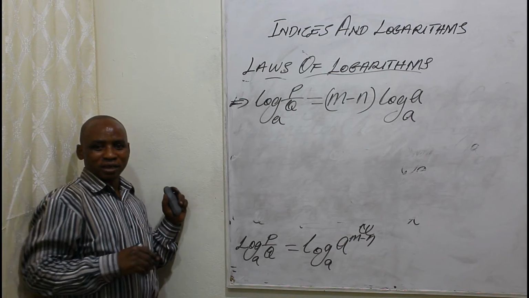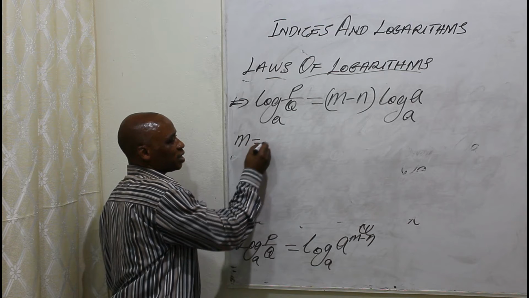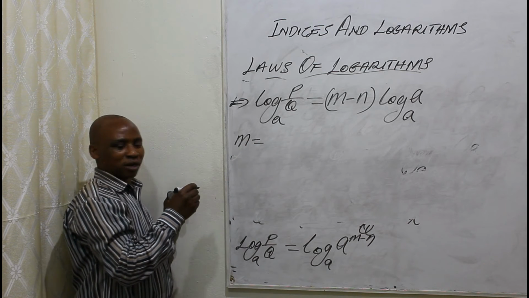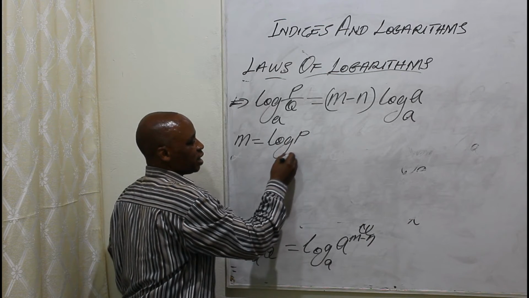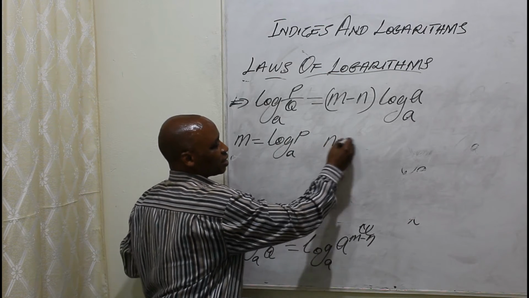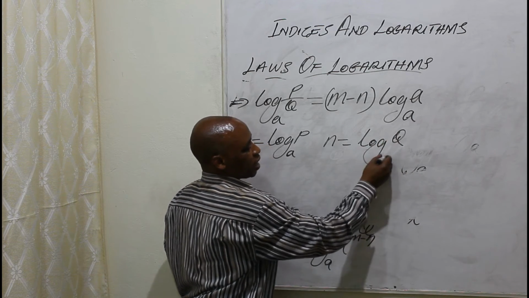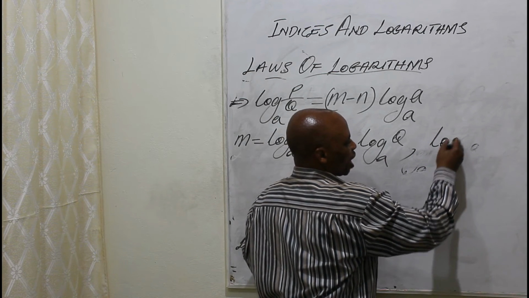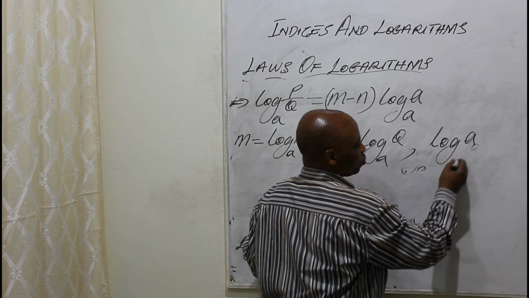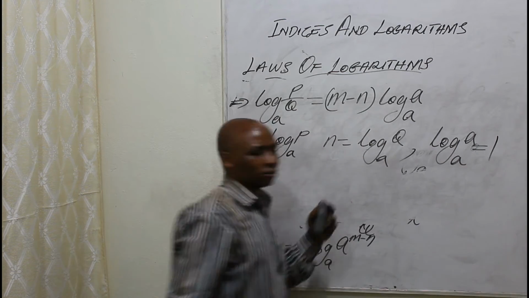Then from the beginning, if you remember, we said by the definition of logarithm, m is equal to the log of p to base a, and n is equal to the log of q to base a. And then the log of any number a to the base a, that's the same base, is always equal to 1.